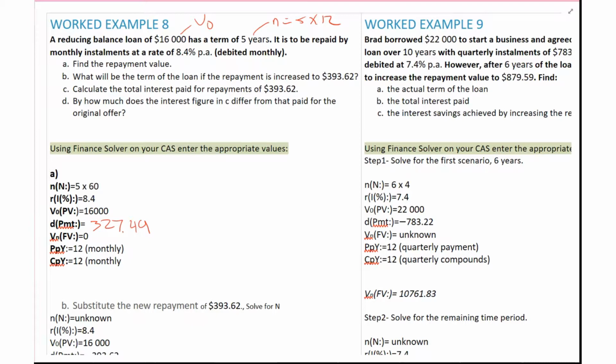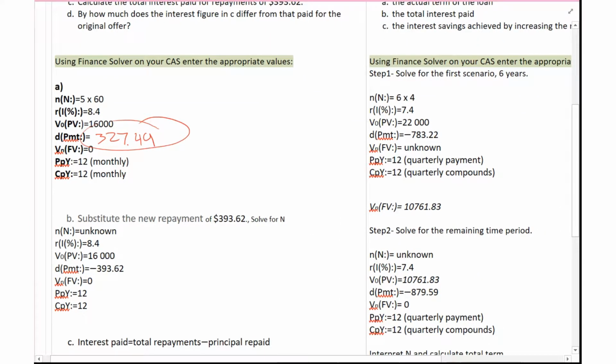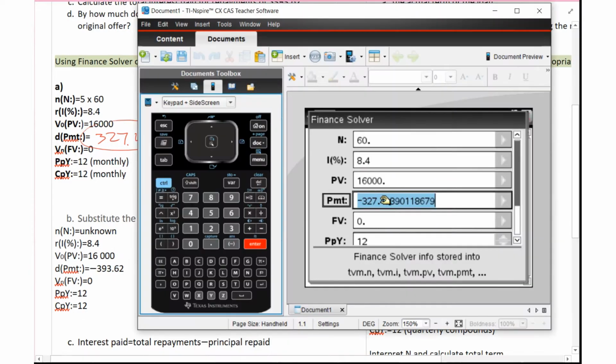Okay, so basically what this is telling you, to pay off the 16 grand loan in 5 years at 8.4% per annum, you're going to need installments of $327.49.